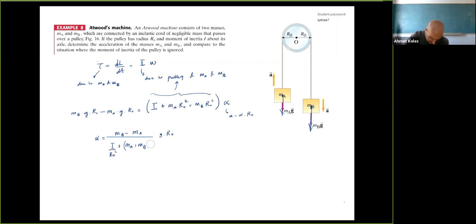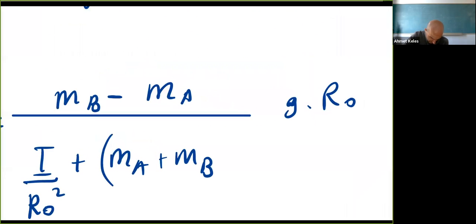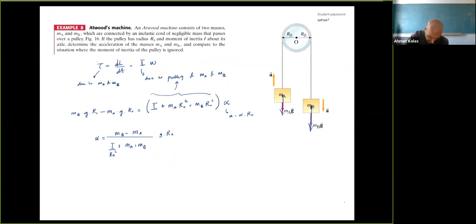Now I don't need parentheses, so I'll delete them, and I will put this R naught to here, and this one cancels with this one.